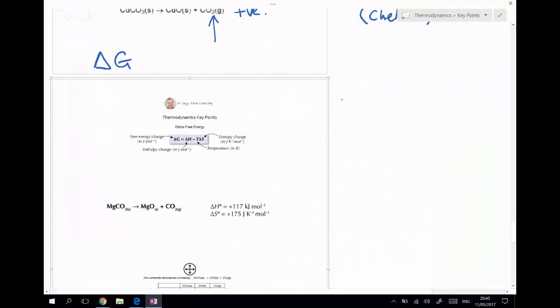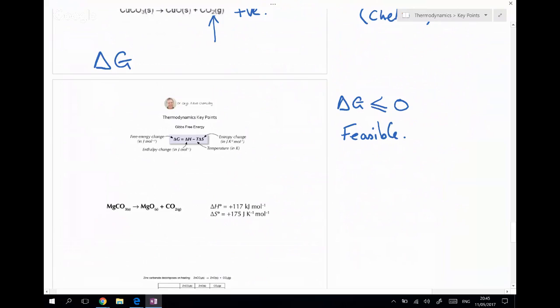Gibbs free energy is a measure of the energy in the system and also in a reaction. The key thing that it tells us is that if the Gibbs free energy is less than or equal to 0, then this defines a reaction as feasible. Now, what we mean by feasible is quite unique in chemistry.